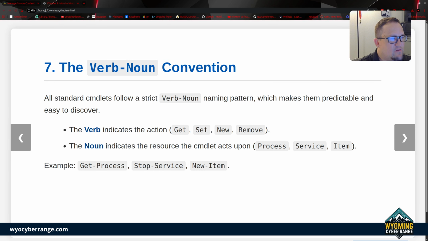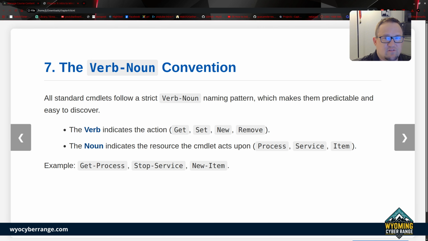One of the best things when we're dealing with PowerShell is going to be its consistency. All native commandlets follow a strict verb-noun naming convention. The verb describes the action, like get, set, new, or even remove. The noun then describes what you're acting on, like process, service, or item.